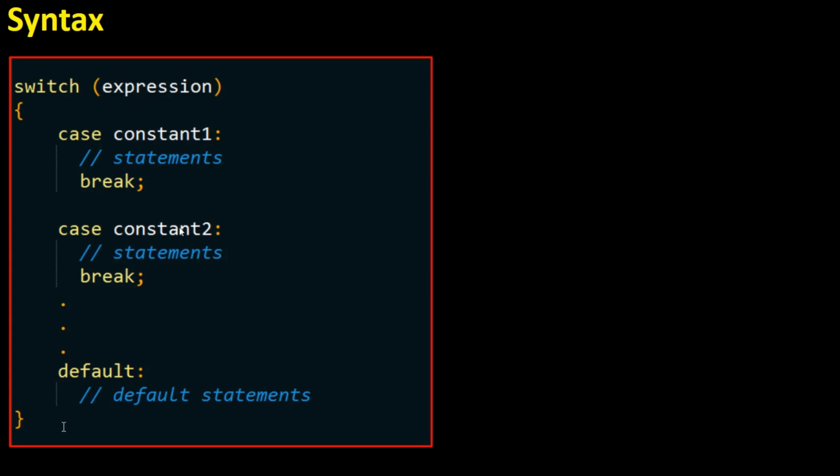For example, if constant 2 is the same as the expression, the statement after constant 2 will be executed until the break word, and all the other constants will not be executed. If there is no match, only the default statement will be executed.